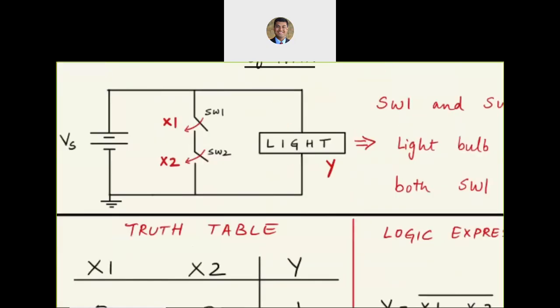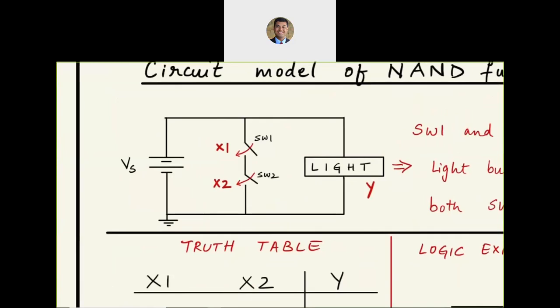Well, if I combine those two concepts, I have a NAND model in which switches X1, X2 are in series. However, the position of the switches is no longer in series with the light bulb. Instead, it's in parallel with the light bulb.